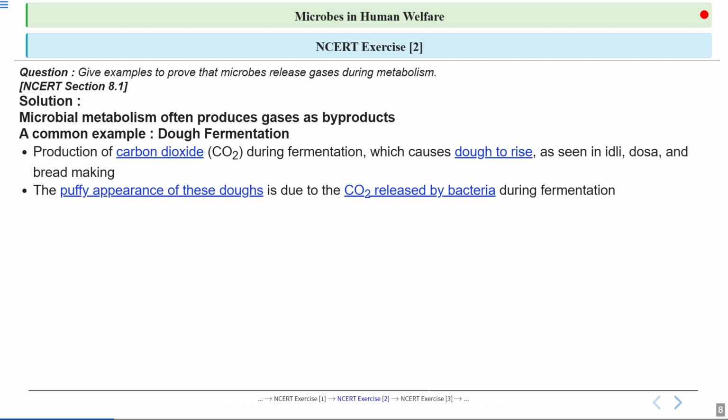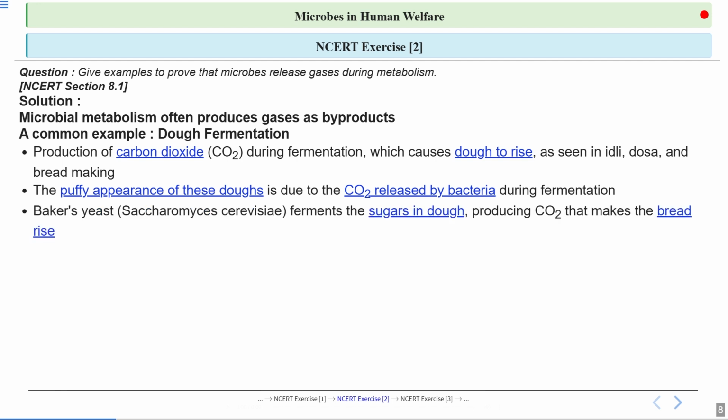Now, the puffy look of the dough is due to the carbon dioxide released by the microorganisms during the fermentation. Baker's yeast, also known as Saccharomyces cerevisiae, is the scientific name of yeast. It ferments the sugar present in the dough, producing carbon dioxide that makes the bread rise.